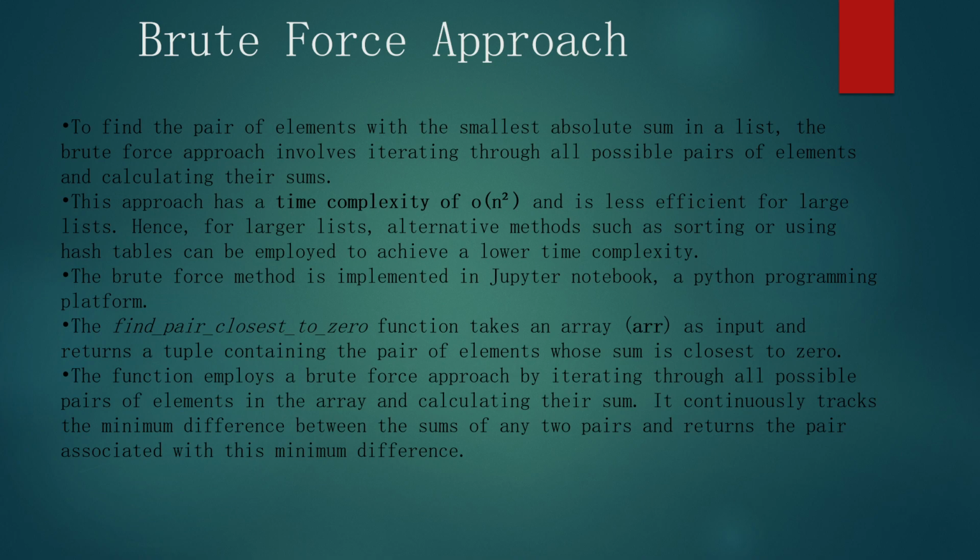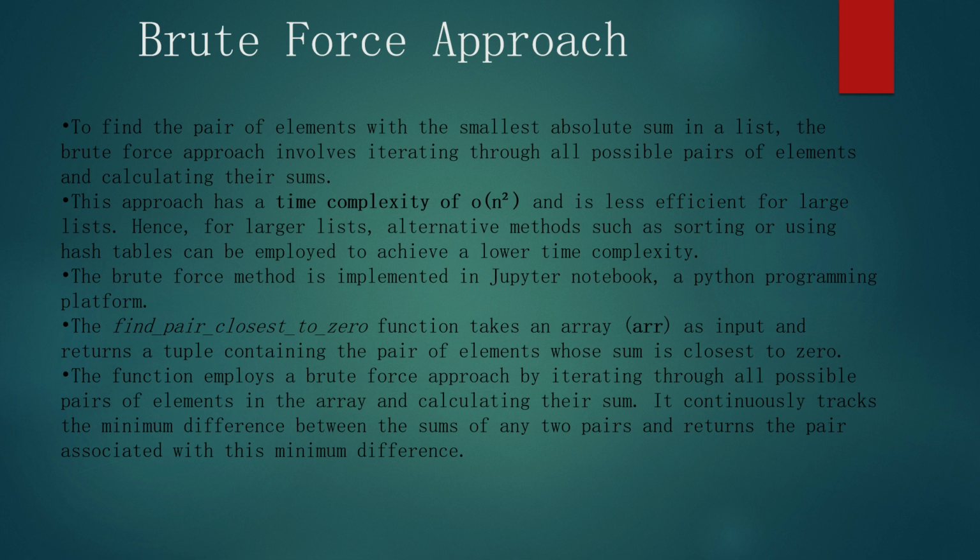The find pair closest to 0 function takes an array as input and returns a tuple containing the pair of elements whose sum is closest to 0.